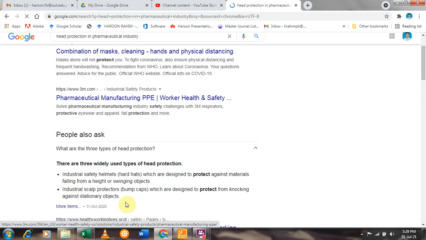There are three widely used types of head protection: industrial helmets or hard hats, which are designed to protect against material falling from a height or swinging objects. Similarly, industrial scalp protectors, also known as bump caps, which are designed to protect from knocking against stationary objects.